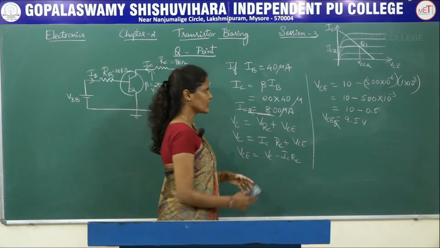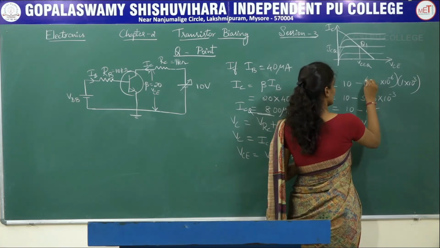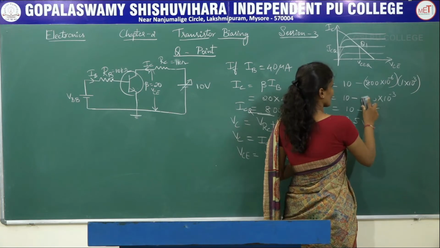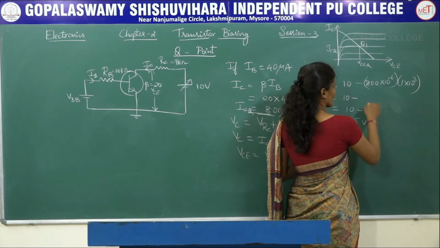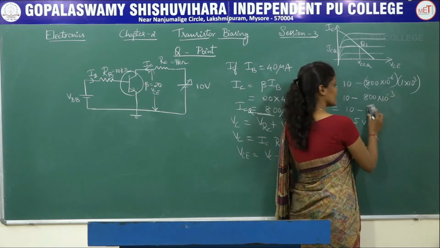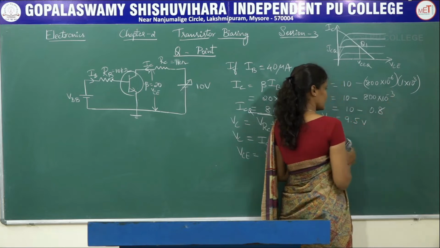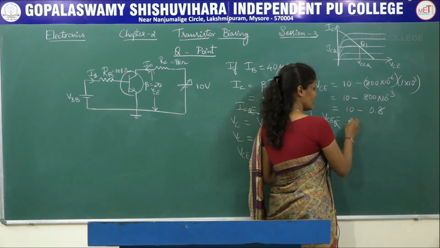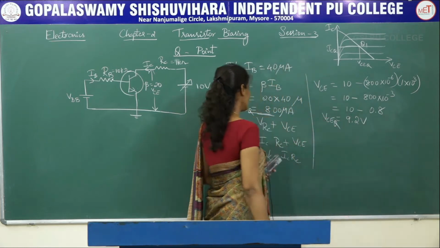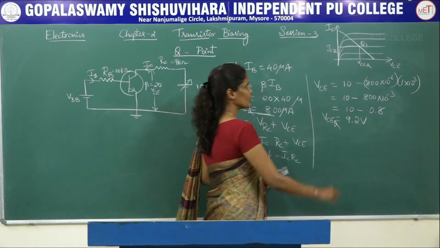Now for the same expression, where it was 500 micro, it becomes 800 here. 800 into 10 to the power of minus 3. This value will be equal to 0.8. 10 minus 0.8 will be equal to 9.2 volts. So this is the new value. ICQ is 800 and VCEQ is 9.2.